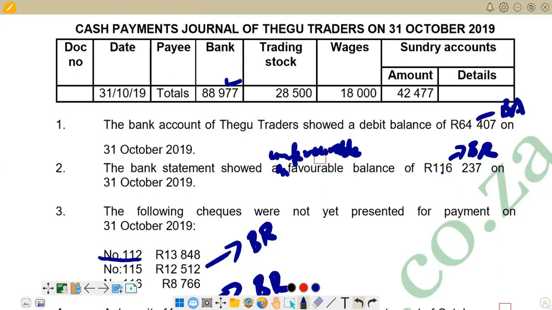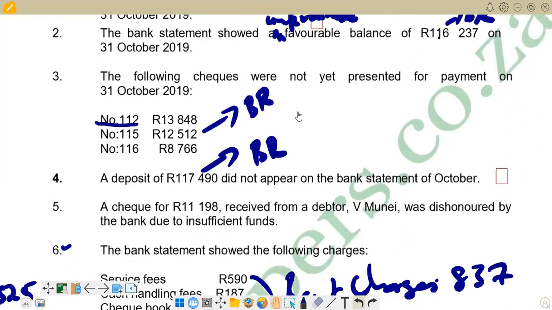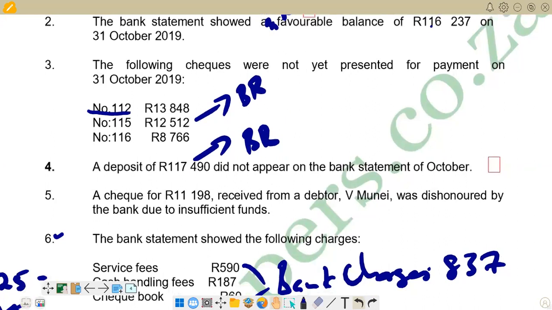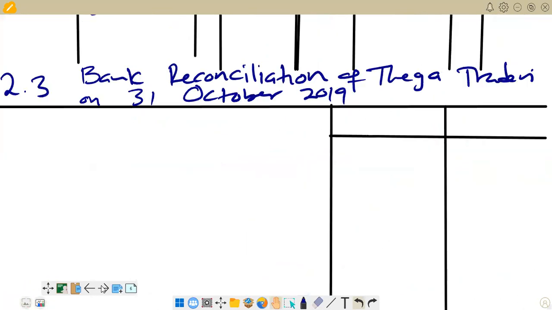So we are going there and try to see what we have there. It will be on the debit side with 116,237. So we can go there and enter that one. This is our opening balance. So this is going to be our debit side, and this one is our credit side.